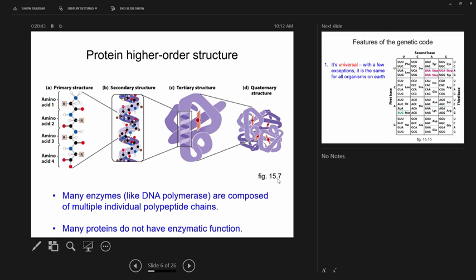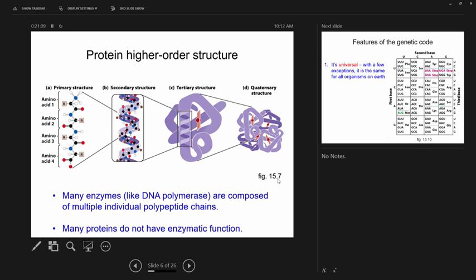In DNA, the secondary structure is going to be the double helix, and then you get to more and more complicated structures when that DNA interacts with histones and other proteins to make chromatin. Here, the primary structure is just the amino acid sequence if you were to pull it out in a straight line.